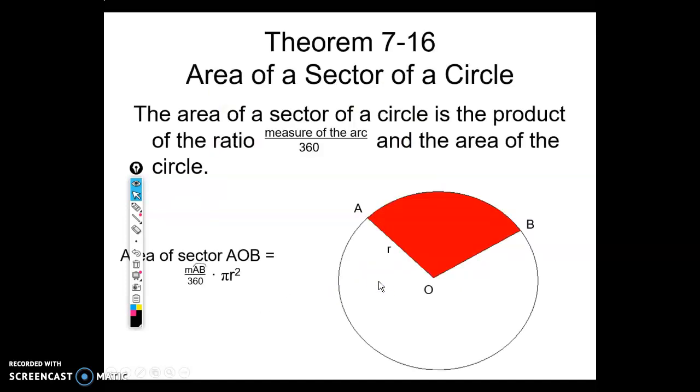If you're figuring out the area of a sector, you're basically doing like the arc length formula, where you have a fraction of the whole entire circle, and this time you're multiplying it by the area, rather than 2πr, which is the circumference. You're multiplying it by πr squared, which is the area formula. So not too bad to figure out the area of a sector.